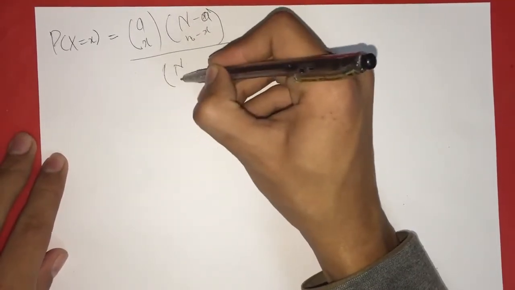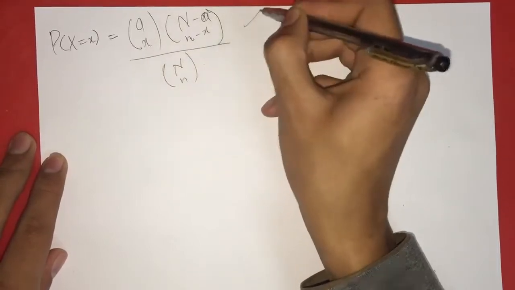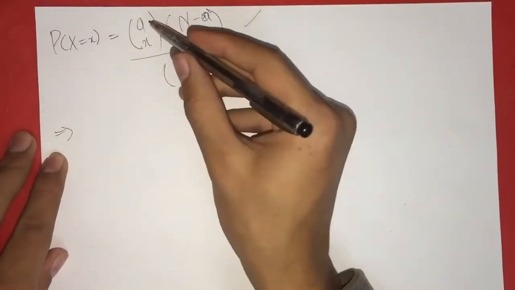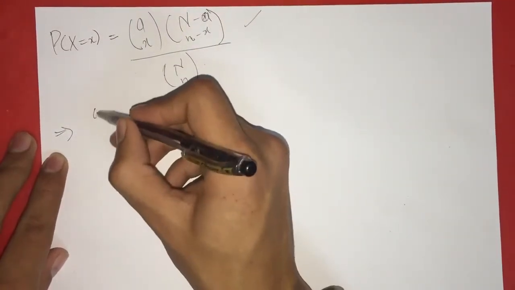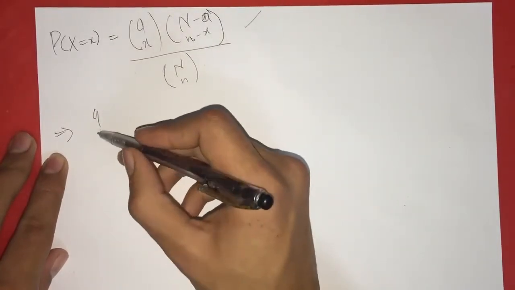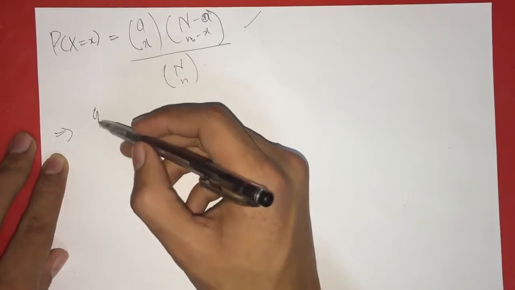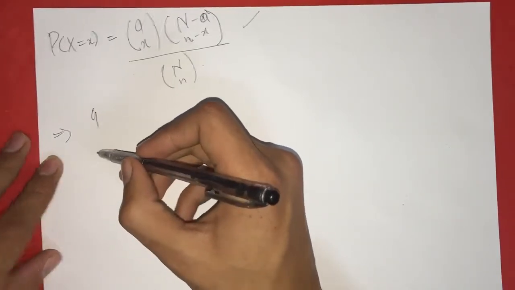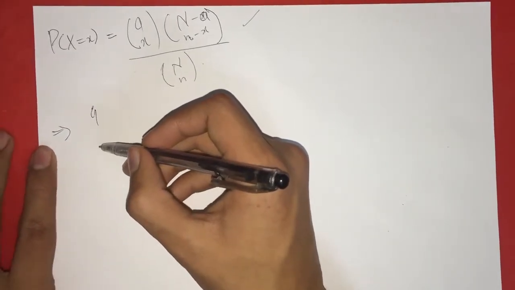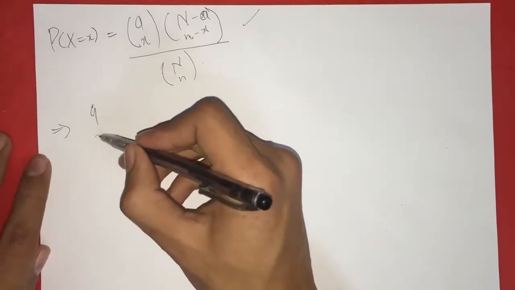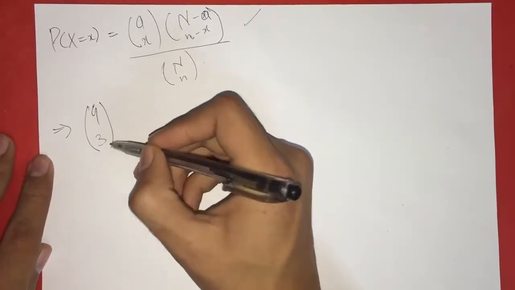So if you put in the values, you remember our a was 4, because we had 4 red socks in total. The total number of successes was 4, and the number of successes we were interested in was 3. So 4 choose 3.